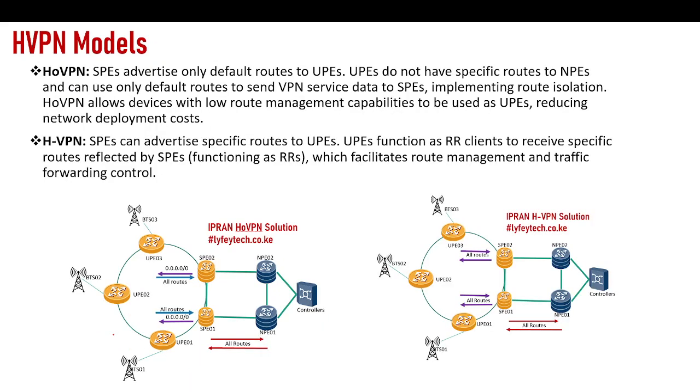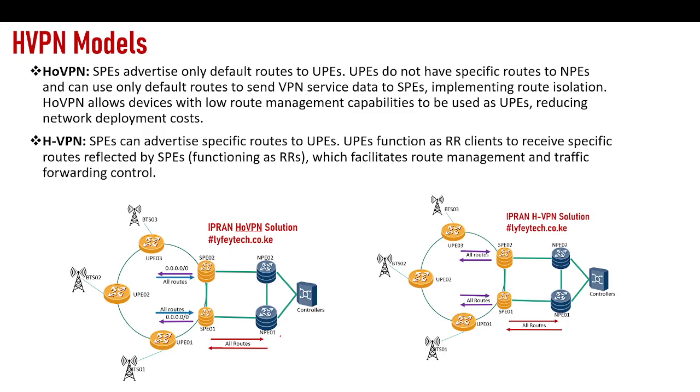And then we have different HVPN models. So we have HVPN, the hierarchy of VPN. With the hierarchy of VPN, we have the SPE advertising only the default route to the UPEs. Remember, we have the routes that are coming from the NPE to the SPE, and then the SPE has to advertise the route to the UPE.